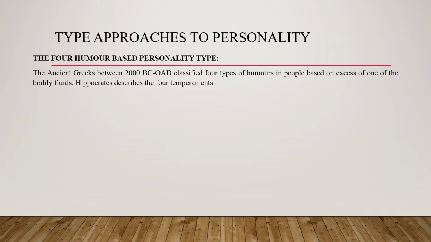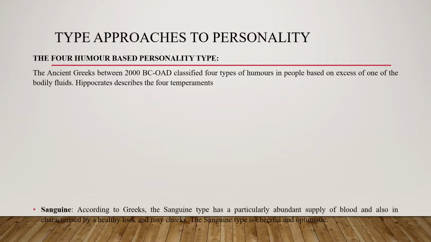Hippocrates described the personality of a person based on the four temperaments, which are classified on the basis of the excess of the fluid in the body of the person. Let's see them one by one.